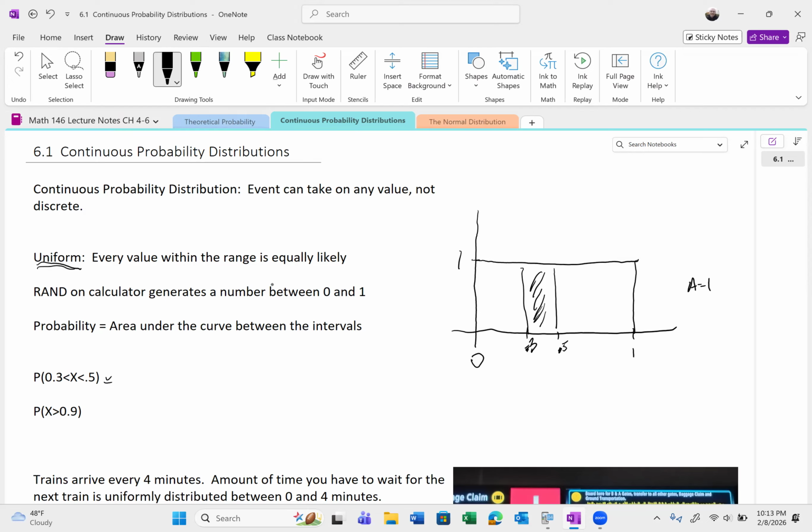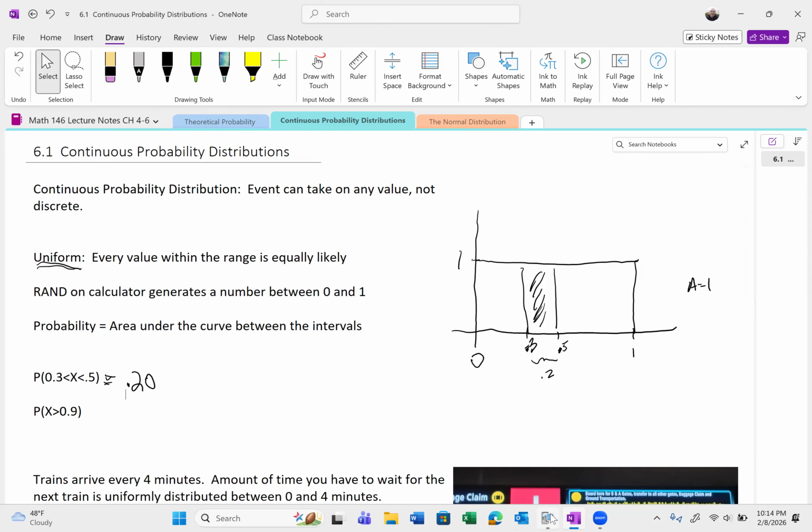The width of that interval is 0.2 units wide, and we know that the height is 1 unit. So the probability that I'm going to generate a number between 0.3 and 0.5 would be 0.20, or 20%.